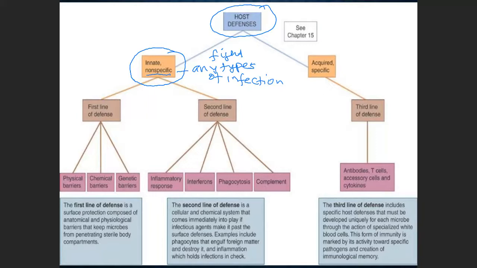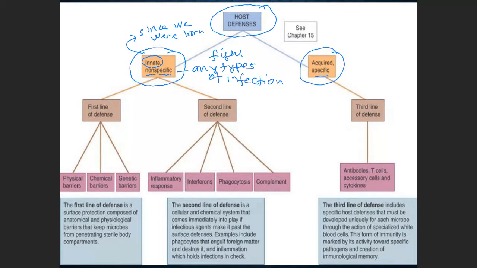Innate means we have it since we were born. So we have this type of immune or defense mechanism with us since we were born. The second one is called specific or acquired.